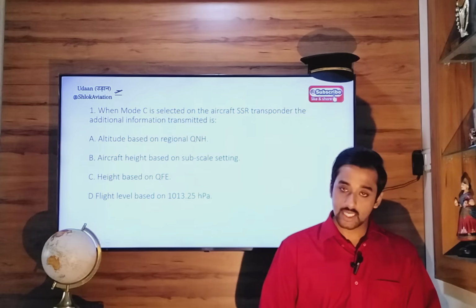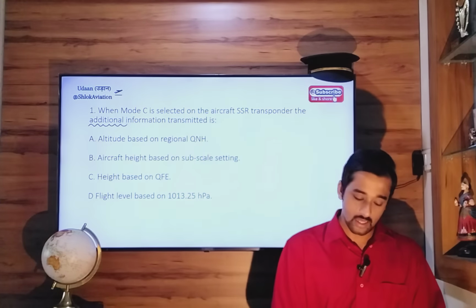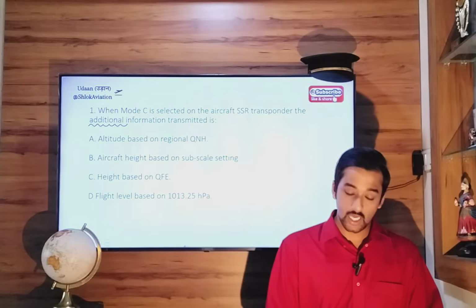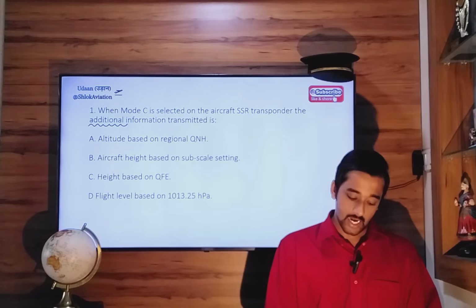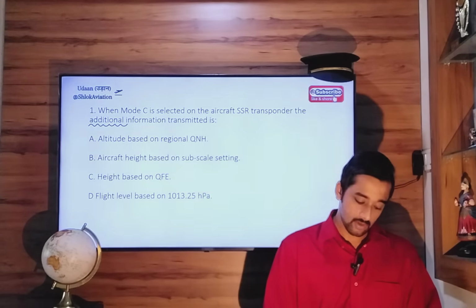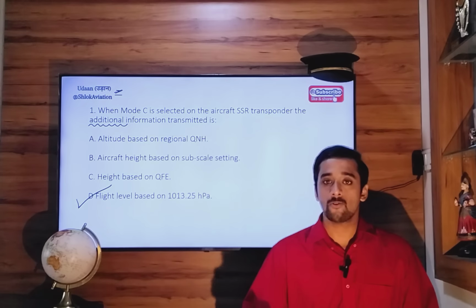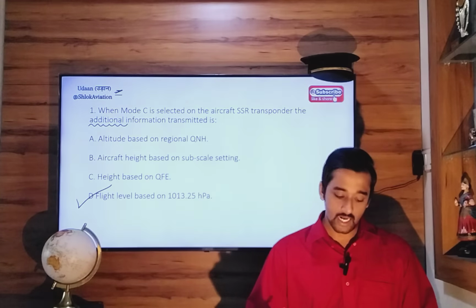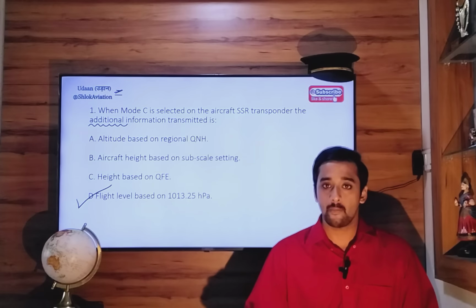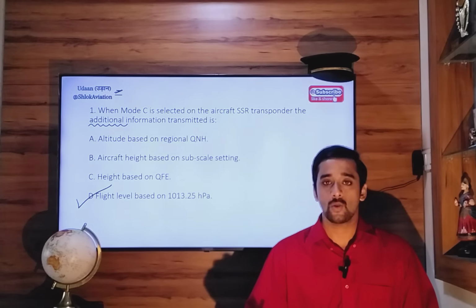So when Mode C is selected on aircraft SSR transponder, the additional information is altitude based on QNH, aircraft height based on subscale, height based on QFE, flight level based on 1013.25 hectopascal. Option delta is the right answer. So irrespective of your sensitive pressure altimeter setting, the vertical distance reported by Mode C capability will be flight level based on standard pressure setting 1013.